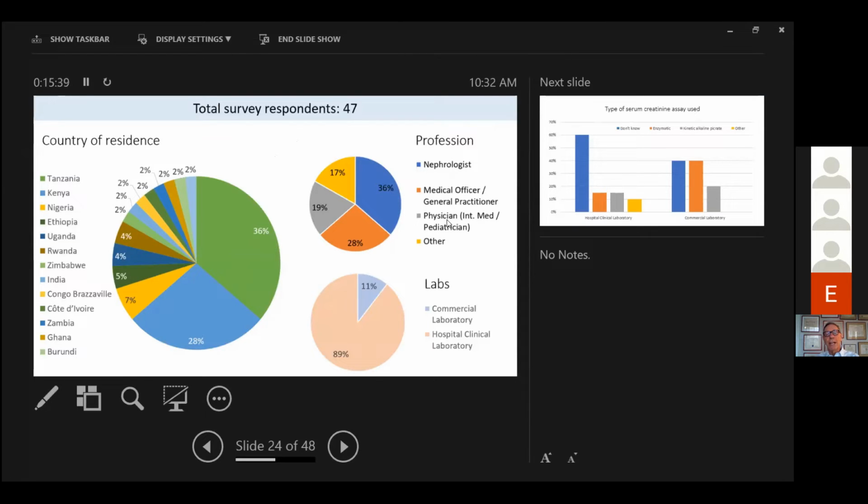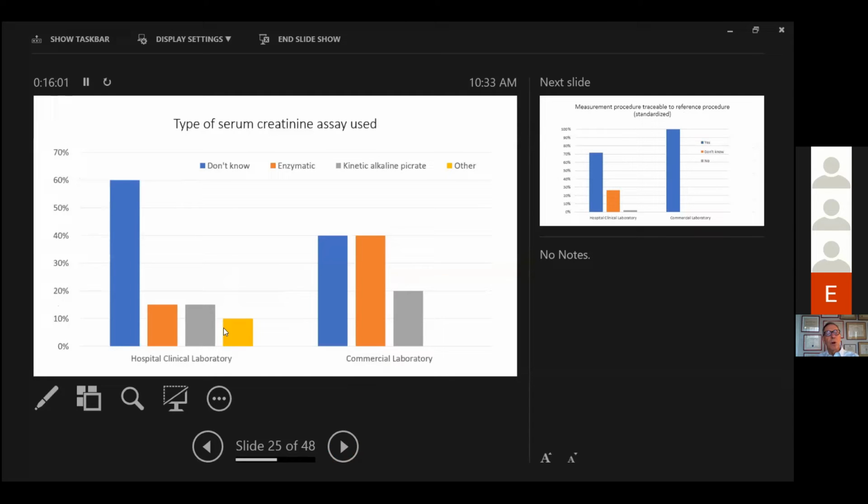This was the breakdown of the jobs of the survey respondents. And you can see that 89% are reporting information from hospital clinical laboratories, and 11% were reporting information from their commercial lab. We've broken the rest of the results down into whether the results are from hospital clinical labs or commercial lab.